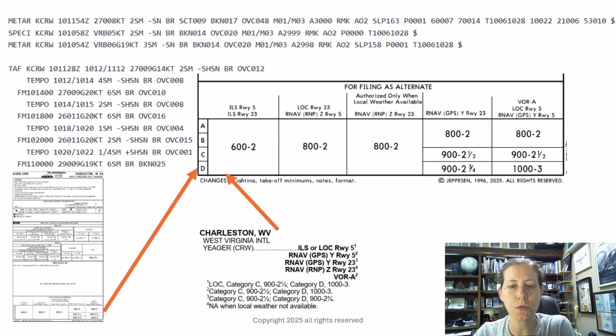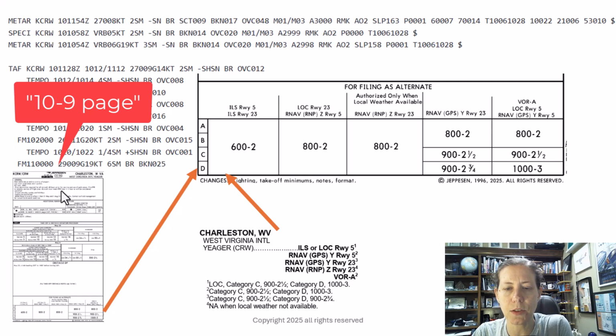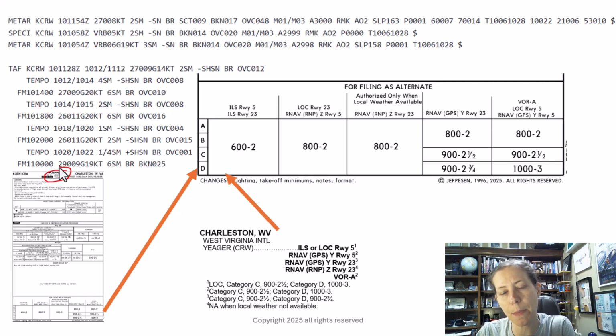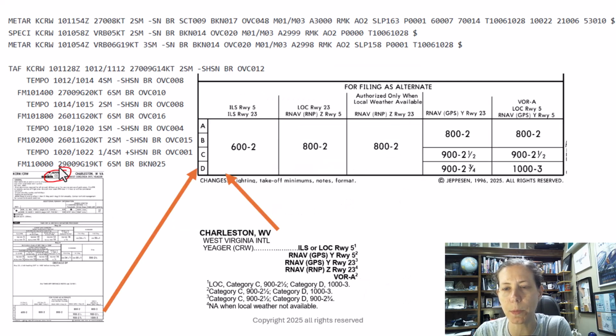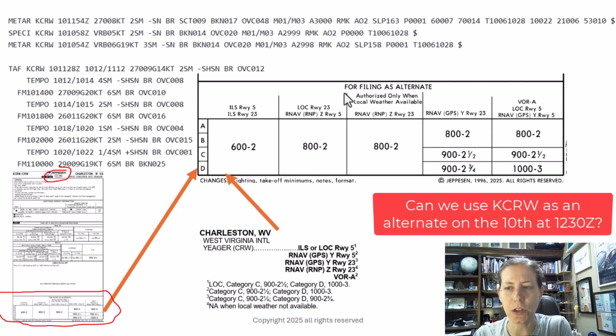If you look at the bottom of this page, we frequently hear this called the 10-9 or the 10-9A page. That's because Jeppesen calls it 10-9 at the very top, right under the Jeppesen logo. If you look at the bottom of the chart, and I've zoomed in, it has all your information to use Charleston, West Virginia as an alternate.